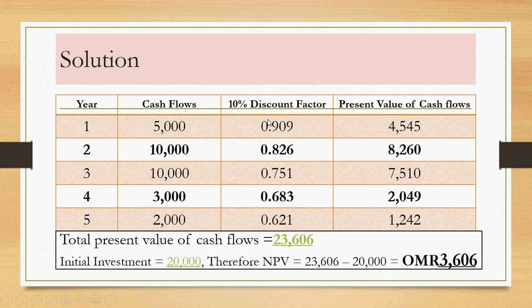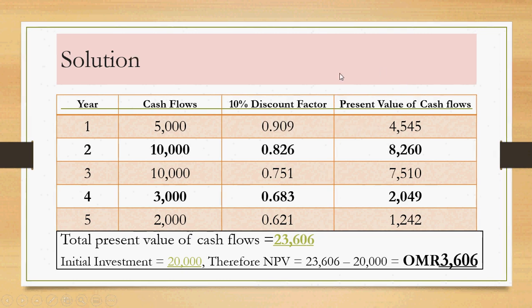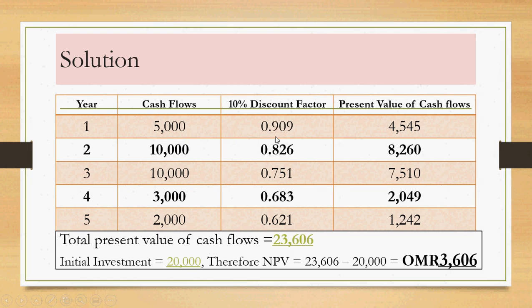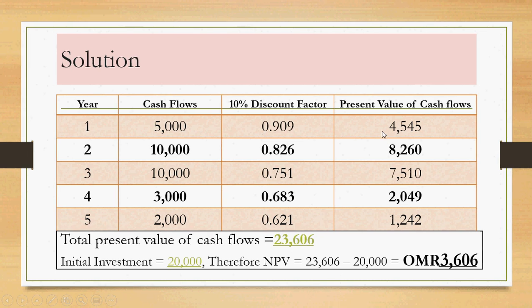See, cash flows multiplied by discount factor, we get present value of cash flows. See, first year 5,000 multiplied by 0.909 equal to 4,545.